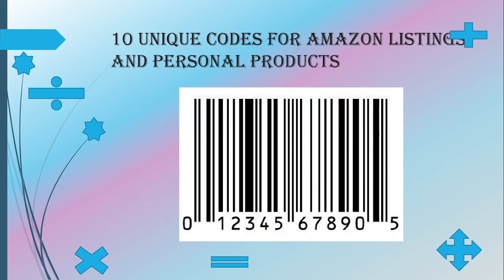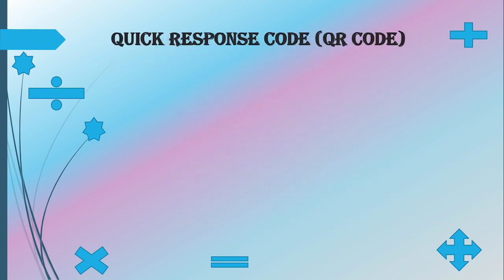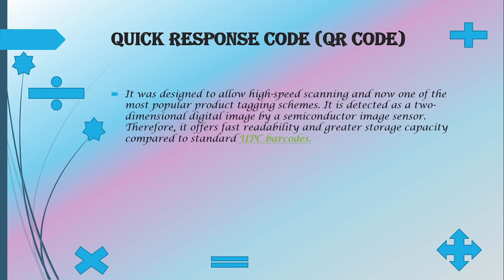For example, we have the 10 unique codes for Amazon listings and personal products. Next, the Quick Response Code or the QR code. It was designed to allow high-speed scanning and is now one of the most popular product tagging schemes. It is detected as a two-dimensional digital image by a semiconductor image sensor.